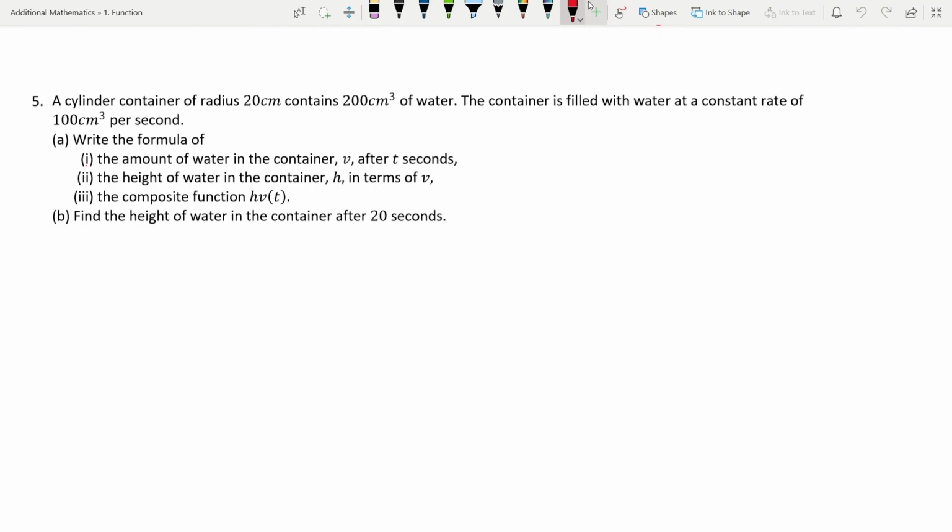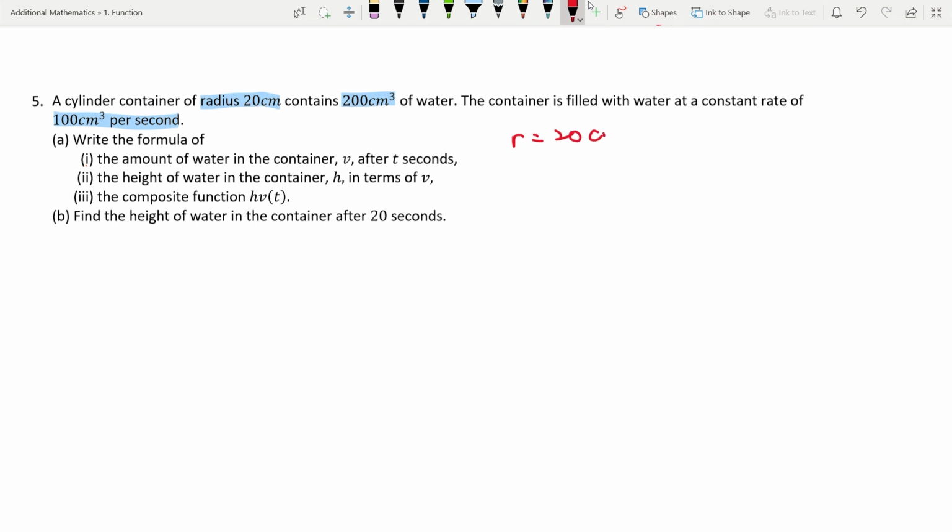Question 5. A cylinder container of radius 20 cm contains 200 cm³ of water. The container is filled with water at a constant rate of 100 cm³ per second. We have a few pieces of information: radius, the volume, and also the rate.